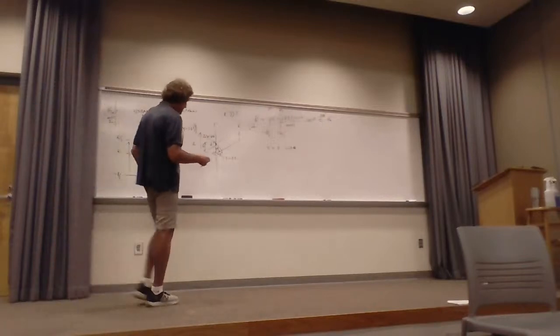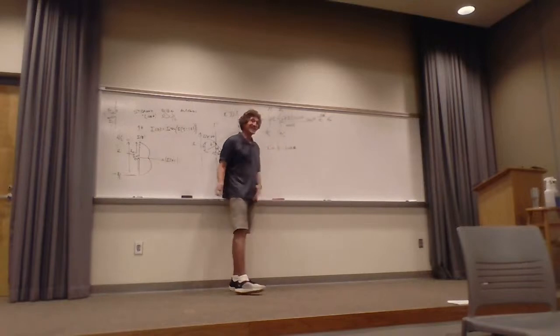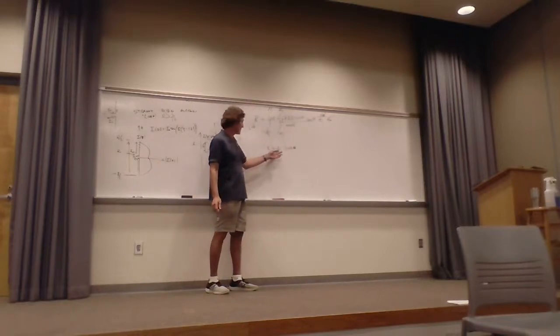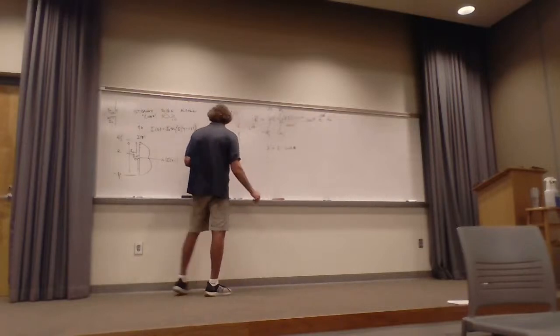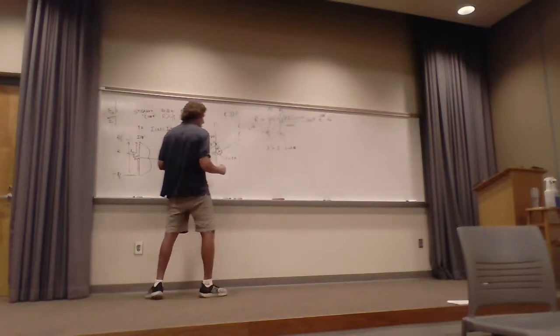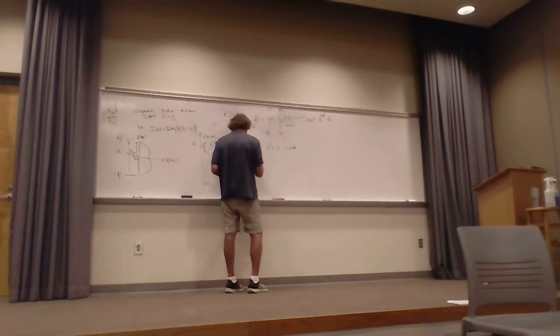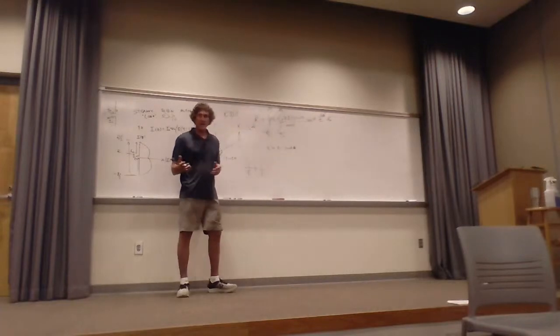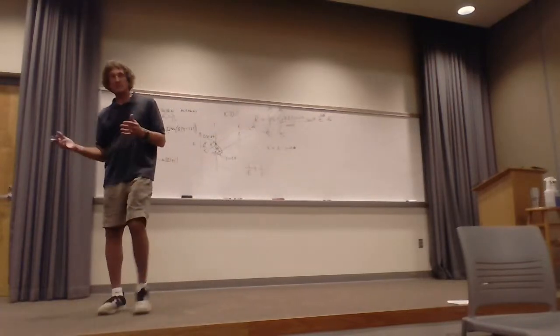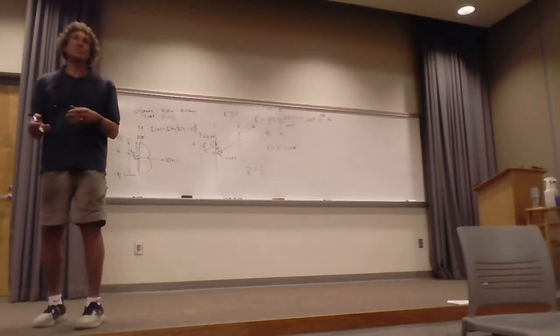Now, this term Z cosine of theta is small compared to either R or R prime. With me? It's trivial. And what that means is, when I take a look at 1 over R prime, it's about equal to 1 over R. No difference. Think about 1,000 yards and 1,000.1 yards.